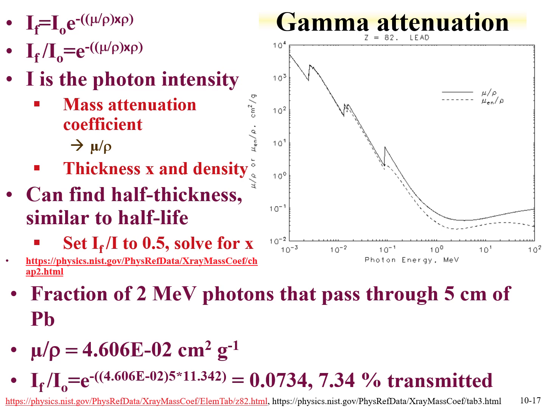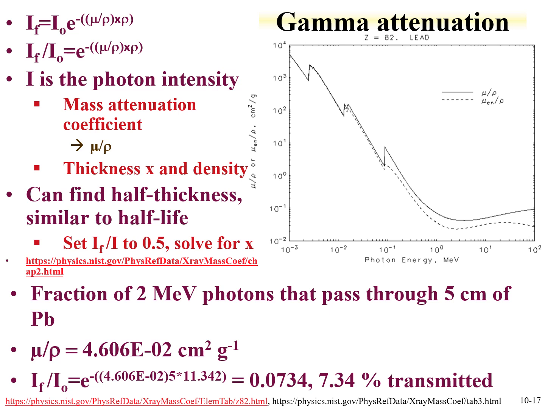This equation is very similar to the decay equations we discussed. So if one has the mass attenuation coefficient, material thickness, and density, one can calculate the attenuation of photons through that material. Similar to decays, one can also calculate a half thickness, similar to half-life.